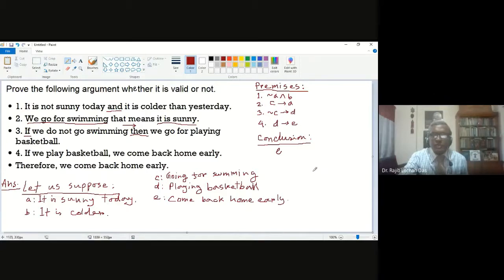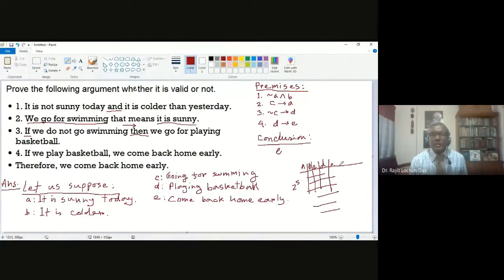So if you make a truth table, you need five columns: A, B, C, D, and E. With five variables, there should be 2 to the power 5 rows. So there will be 32 rows.